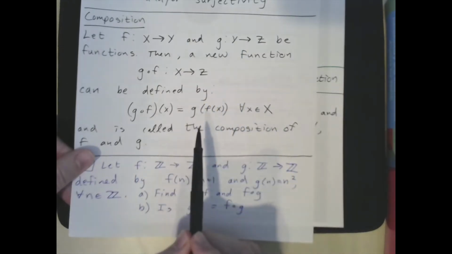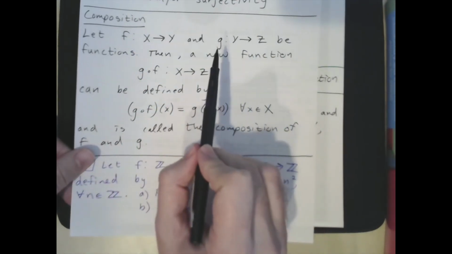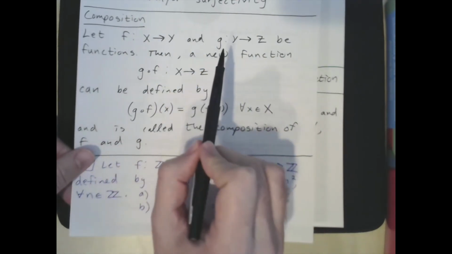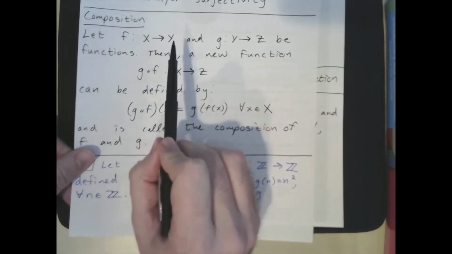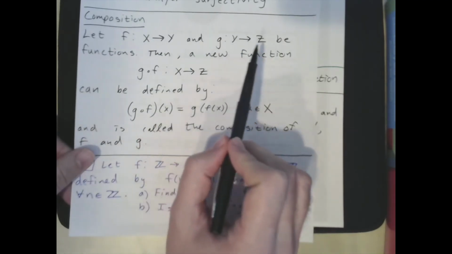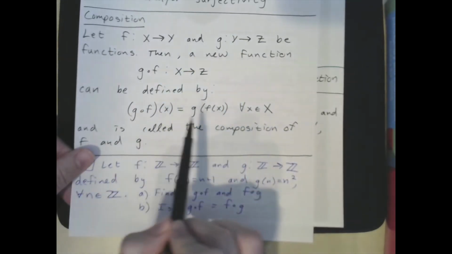So we can't do, in this case, in this example, or in this definition, we cannot compose f circle g, because f takes elements of x into y. G takes elements of y into z. So that means we'd be plugging y's into f if we did f of g of x.